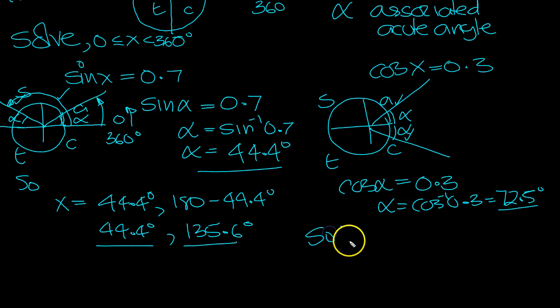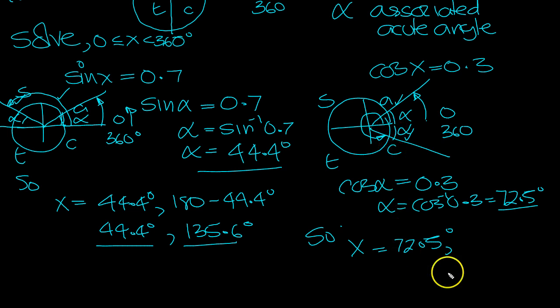So we can read off x then. The first solution, we're going around from 0 to 360, aren't we? So let's go around to here. And that's simply the angle alpha, 72.5 degrees. The next solution, we go around from 0 right round to here, which is 360 back the 72.5 degrees. 72.5 degrees then.